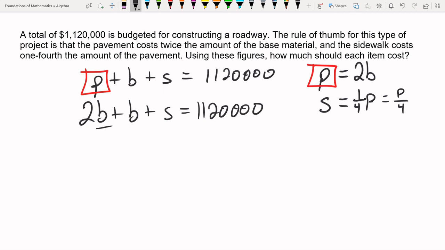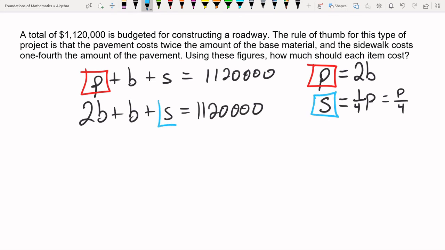We still have two variables here, B and S, and we need only one variable to solve. That's going to come from plugging in this thing here. I should have done this the other way first. That's fine.